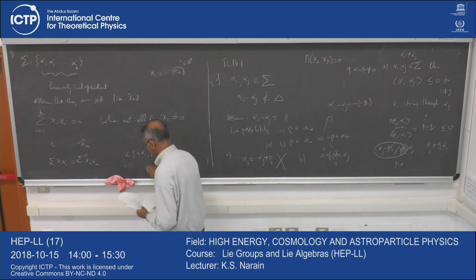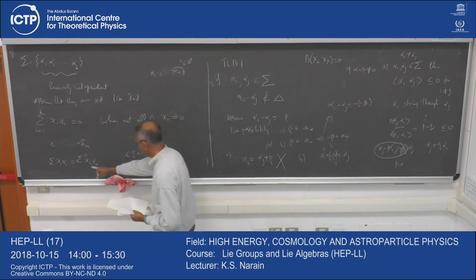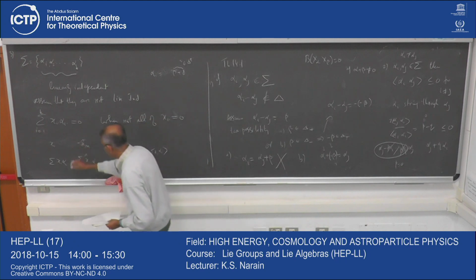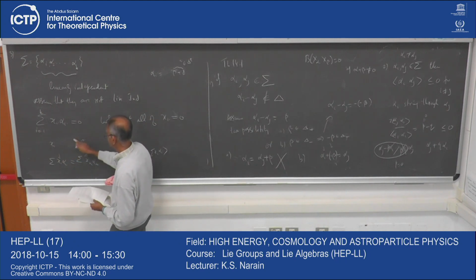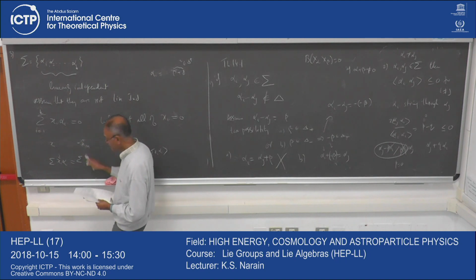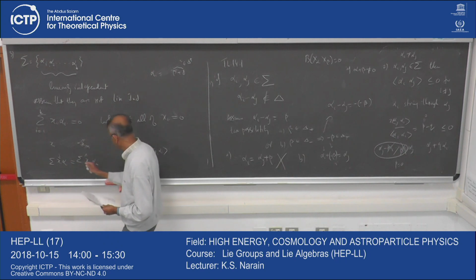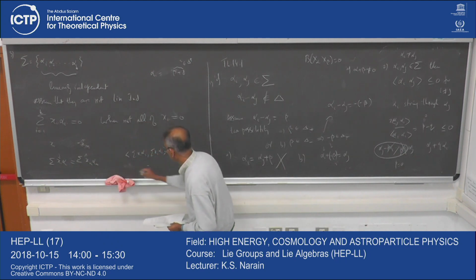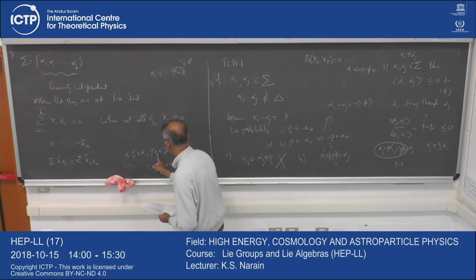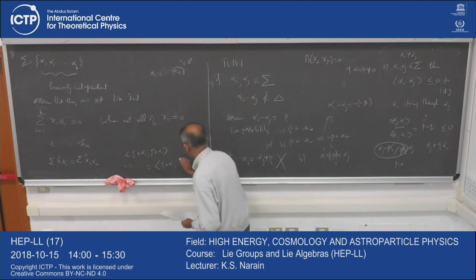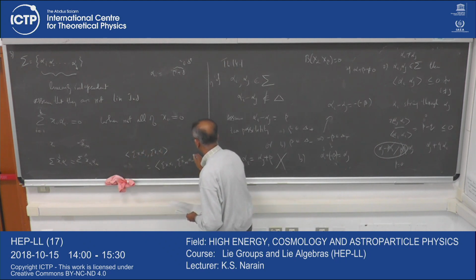Also, by the way, the negative ones I wrote as minus of a positive quantity, so these are all positive now. So by using this equation, I can write this as the sum over xi alpha I, and for the second factor I replace it by that, x hat m alpha m.